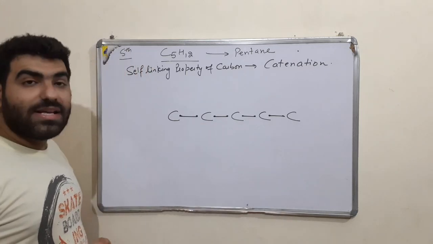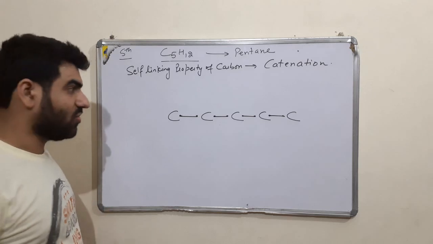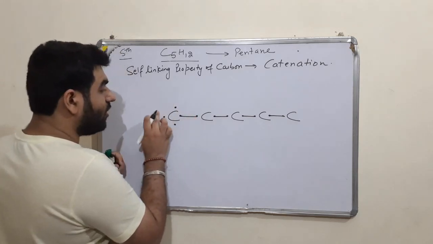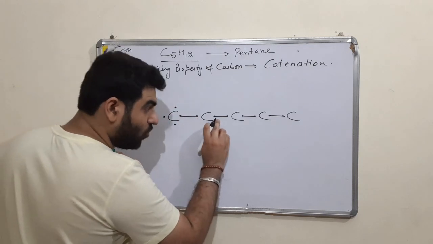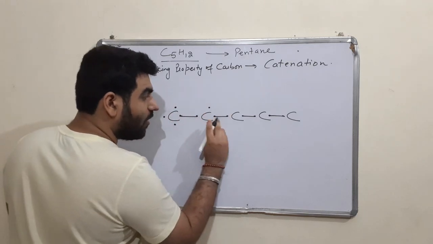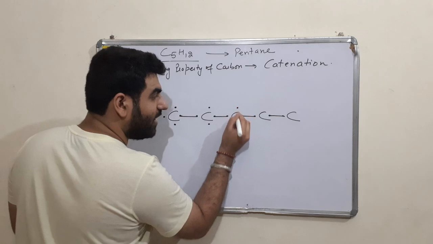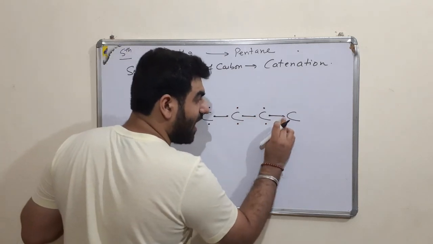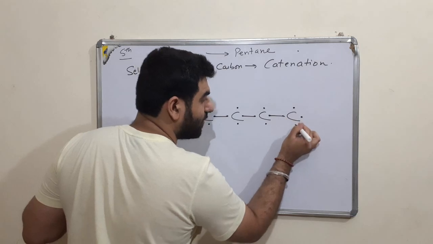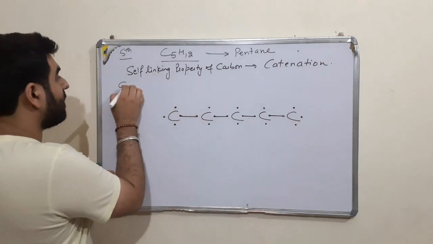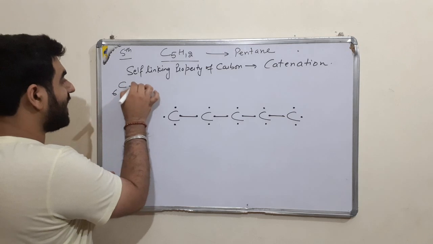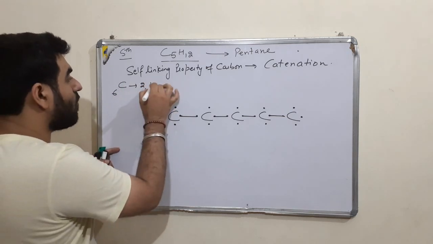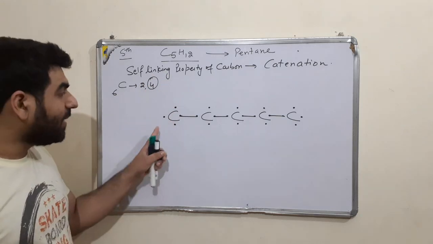Now, carbon is left with 3 electrons, so let me make 3 electrons around each. Why? Because carbon has atomic number 6, electronic configuration 2, 4, valence electrons 4. So carbon will complete its valency.